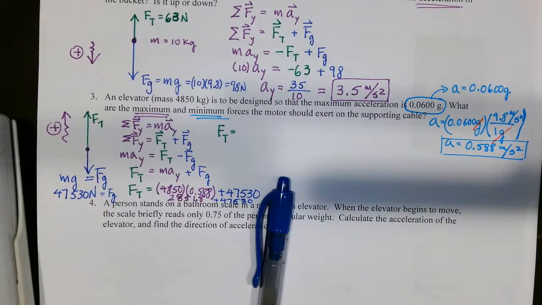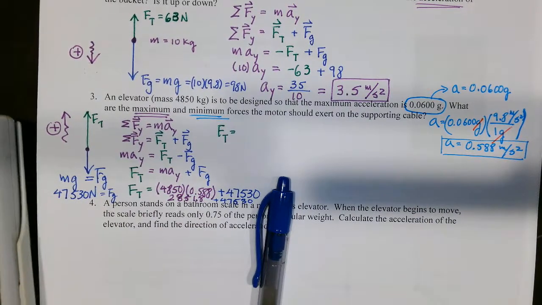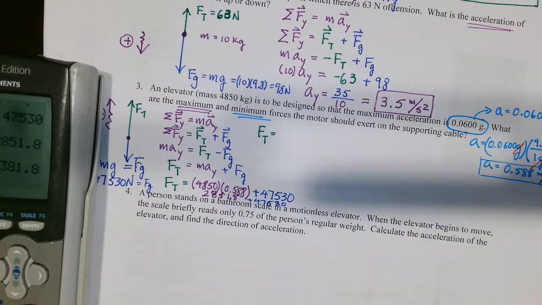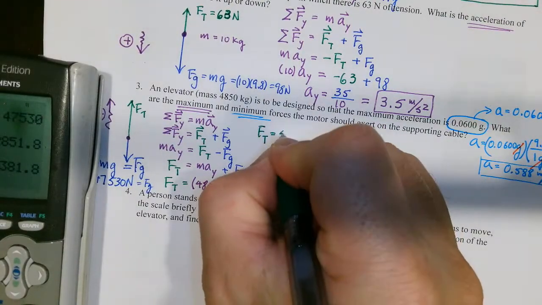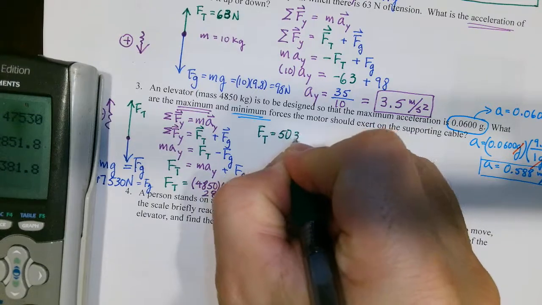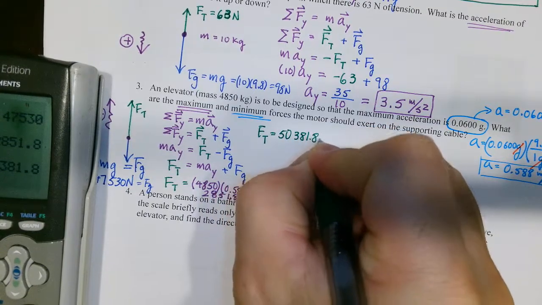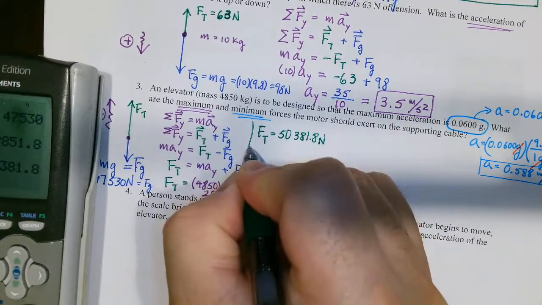If I add 47,530, I'll get my force tension is equal to 50,381.8 newtons.